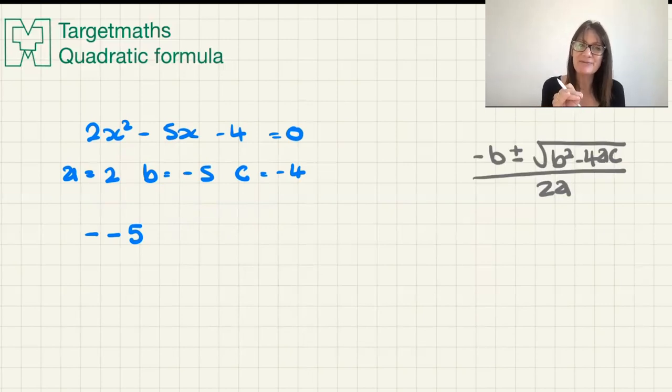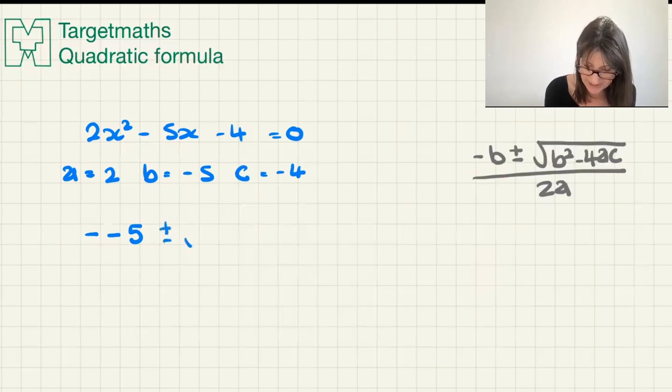Because the negative is with the value for b already, people forget the negative here, and they'll only write it once. So really write the negative in the formula, and whatever b is goes next to it. And if b is -5, I'm going to end up with this double situation. So that's really important. Be mindful of that. Let's keep going.